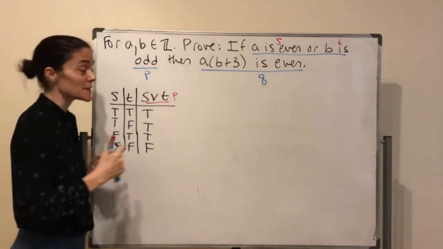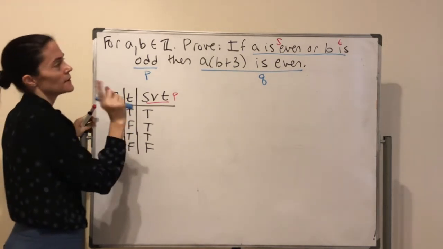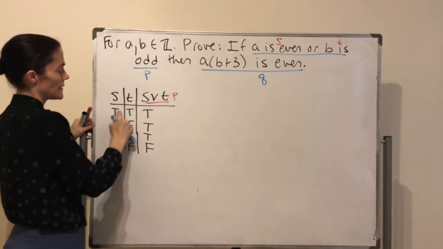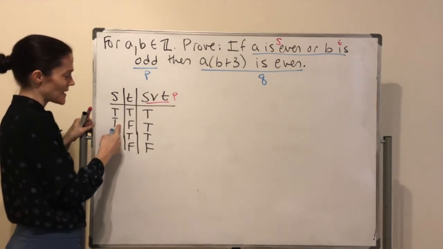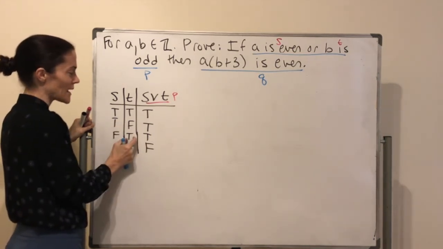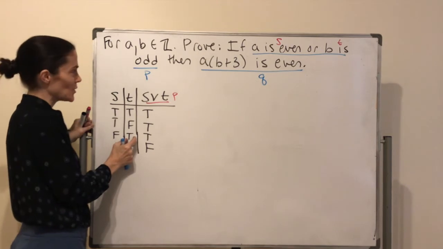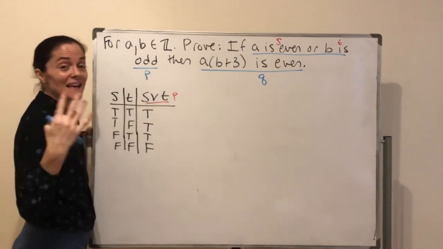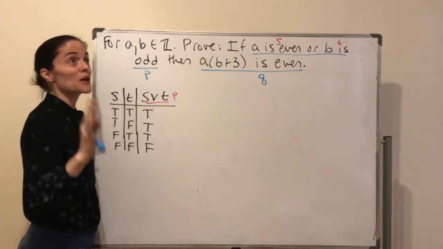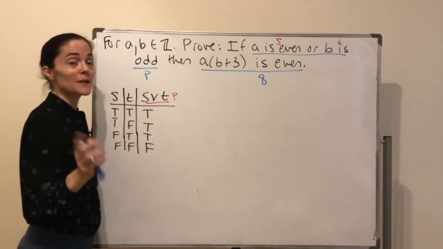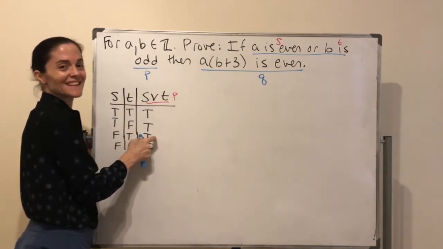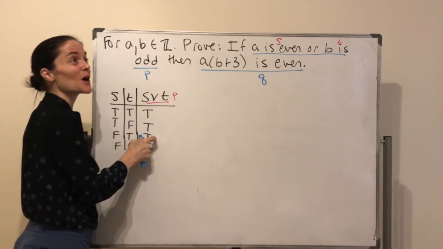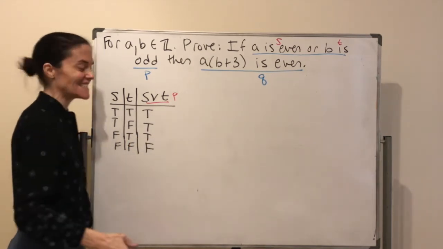But I need to assume case 1, A is even, and that would cover either one of these, really. But you see, that's not everything, because the or is also true here. So case 2 will be, we assume B is odd. And then we have covered all possibilities for when the or is true. This is how this proof will go, and it is a proof by cases.